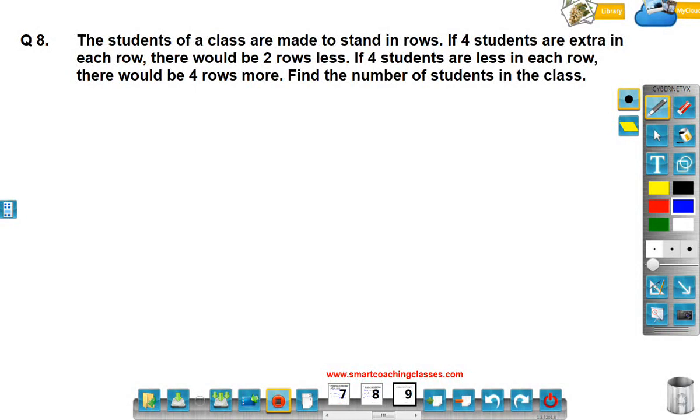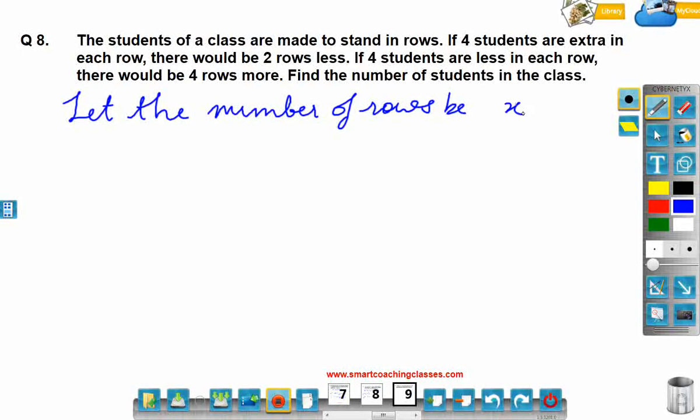So let's say let the number of rows be x and the number of students in each row be y. This is what is most important.